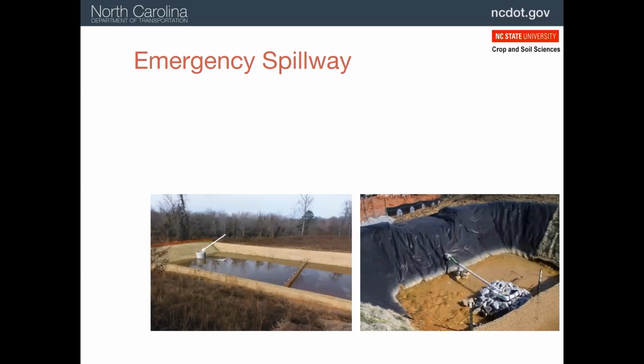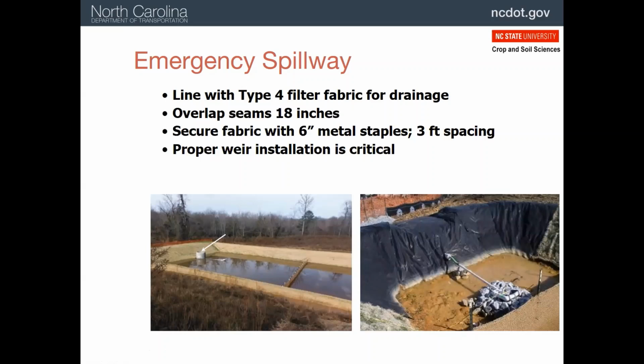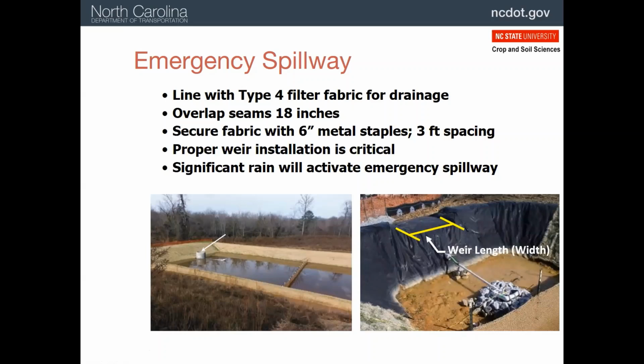Some of the specifics of the installation of the geotextile are provided here. Again, the width of this weir is going to be on your plan. So every dam is going to have a different size weir depending on how much drainage area is coming into that basin.